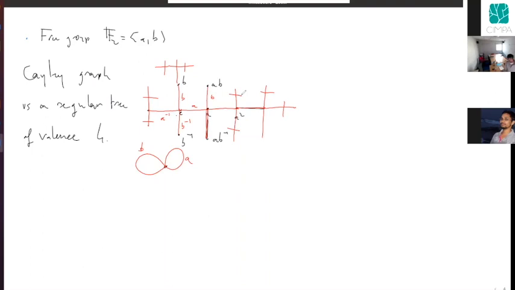So you see that depending on the group, you can have something that is very different. And so what we want to understand is how can we use the geometry of the Cayley graph to say something about the group? This is a whole program, and you will see many examples of that during the school.